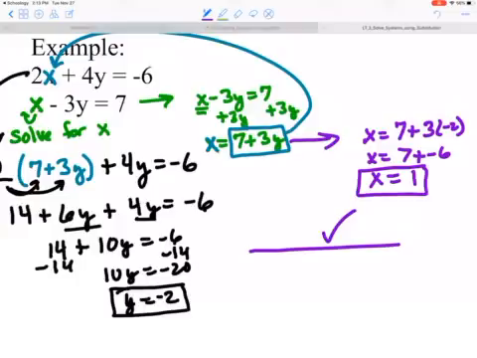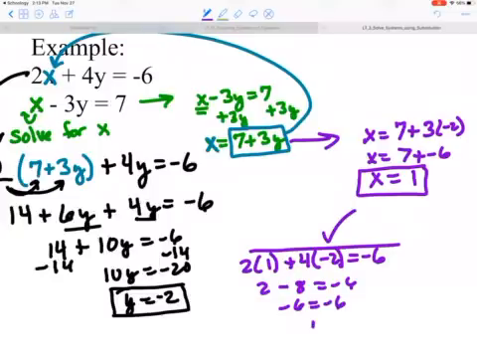The very last step is to check to make sure it works for both of our two original equations. So I'm plugging in negative 2 for y, and I'm plugging in 1 for x. So I get 2 minus 8 equals negative 6. It works.